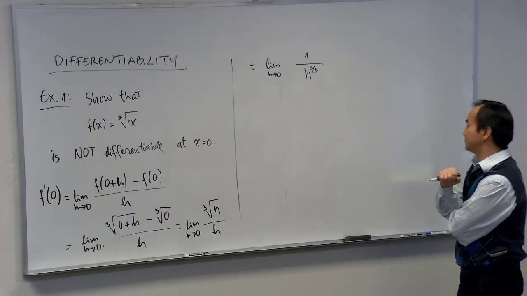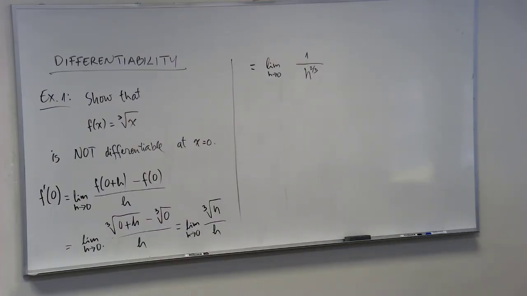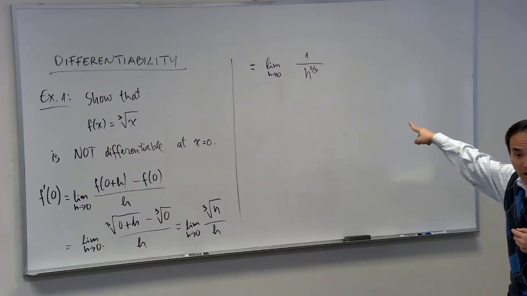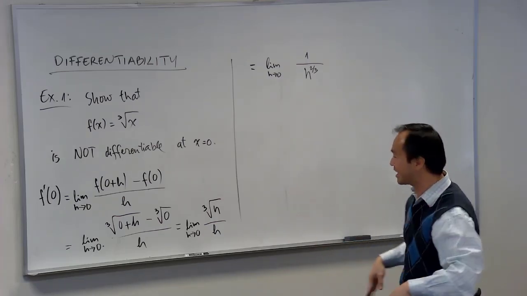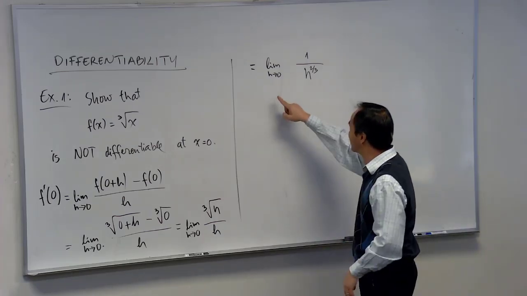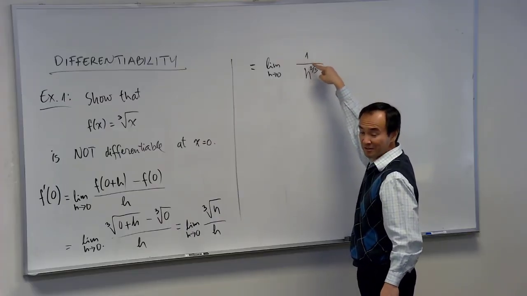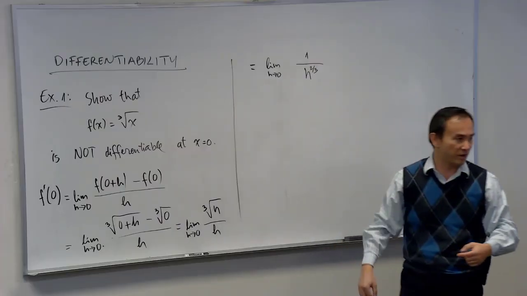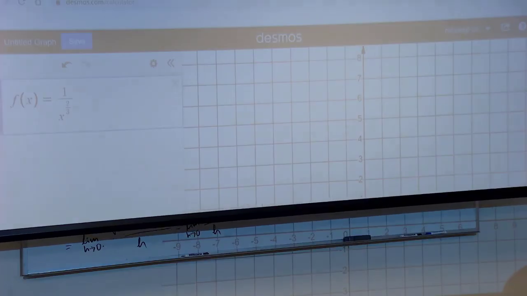Let me bring down the graph here for you to understand the limits. Right now, focus your attention on the limit problem. We want h to get to 0, generally from both sides, before we decide to break it down into two-sided limits. The function here is 1 over the variable to the 2/3 power, and let's see what's going to happen to the function when h goes to 0.